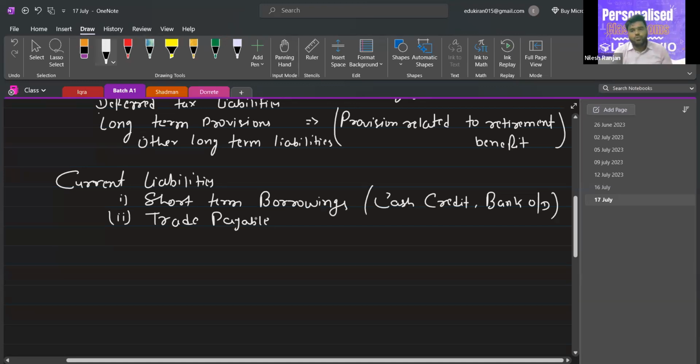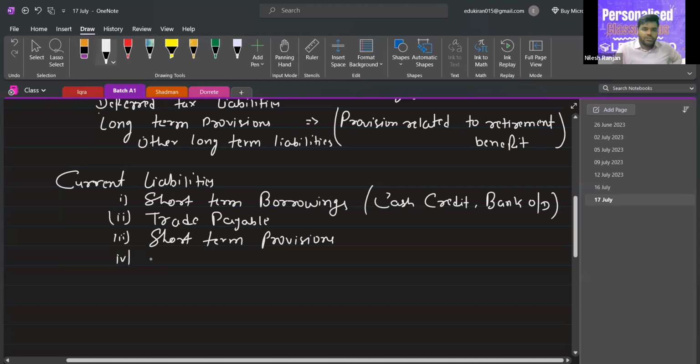In trade payable, we include creditors and bills payable. So these two items. Now the third is short-term provisions. Like long-term provisions, these are short-term provisions. I will give you the detailed items that are included in short-term and long-term provisions. I will show it to you in our next class.